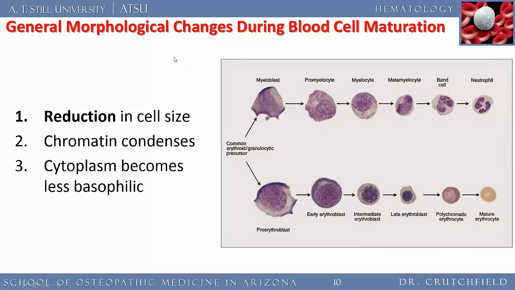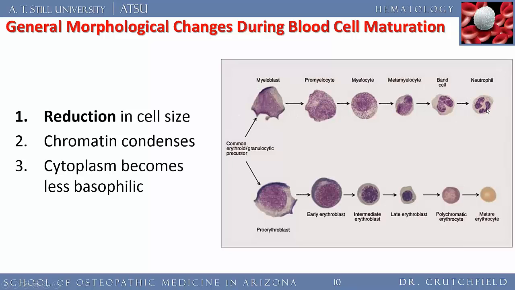So as a blood cell matures, basically what happens is it comes from these giant cells in usually the bone marrow, but they can be formed from the liver or the spleen. Before you're born, they can be formed from the thymus, which is where we get some T cells. But these giant cells end up reducing in volume.